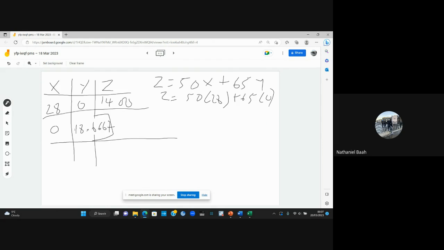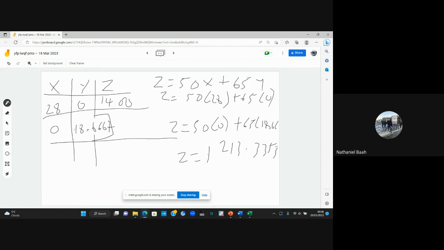Then now, when x is 0, you're going to get 50 multiplied by 0 plus 65 multiplied by 18.6667. So 65 multiplied by that will give us 1,213.3355.